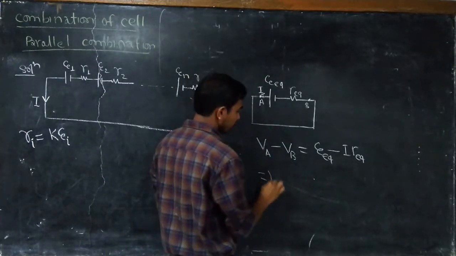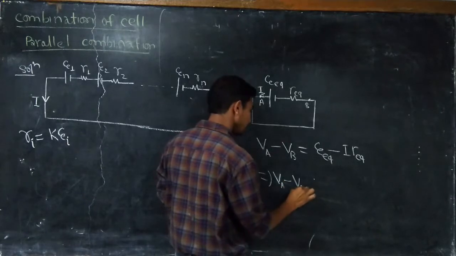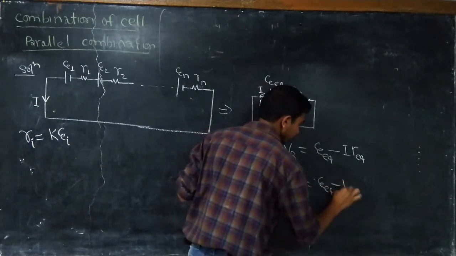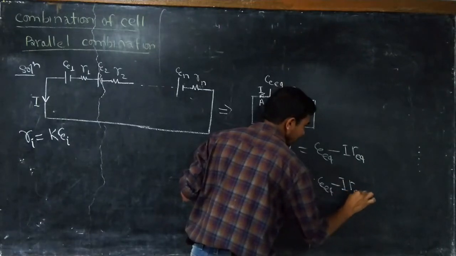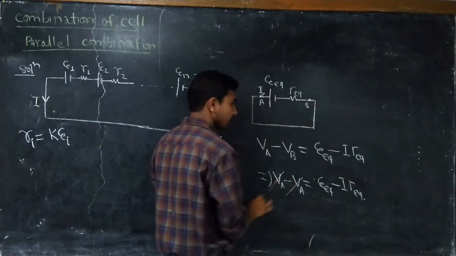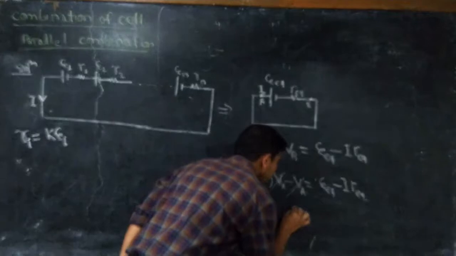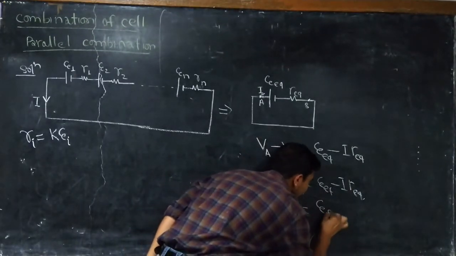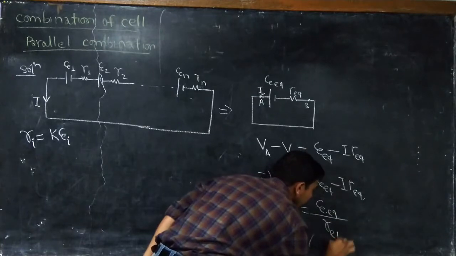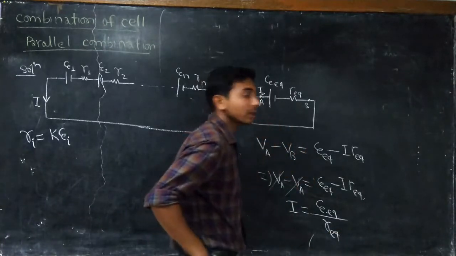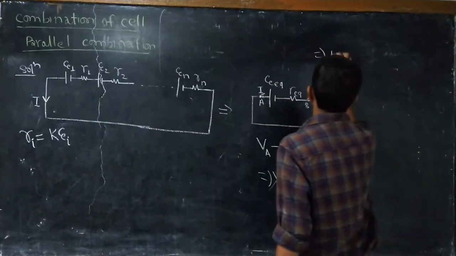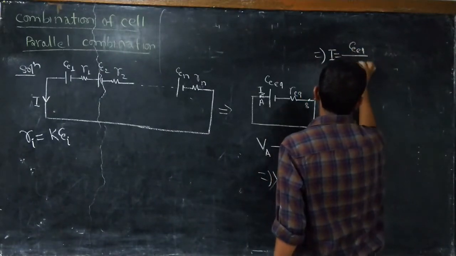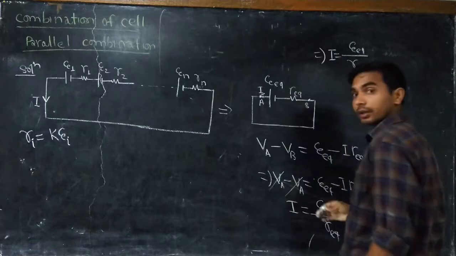So VA minus VB is zero, which gives E equivalent minus I R equivalent equals zero. So from here, what value is coming? I is equal to E equivalent by R equivalent, right?